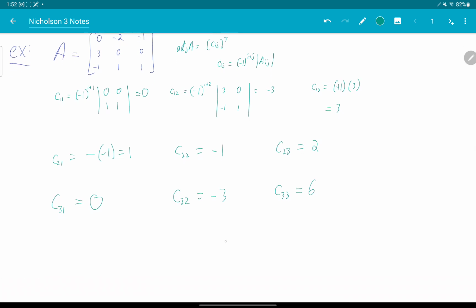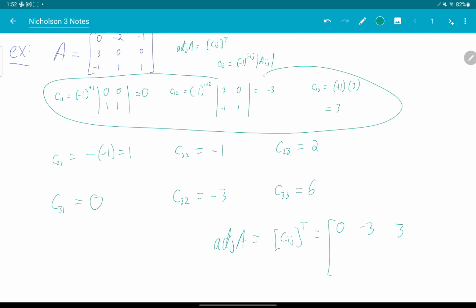So I got these numbers here. So the adjugate of A is, again, the cofactor matrix transposed. So I take all these numbers, 0, then minus 3, and then 3.